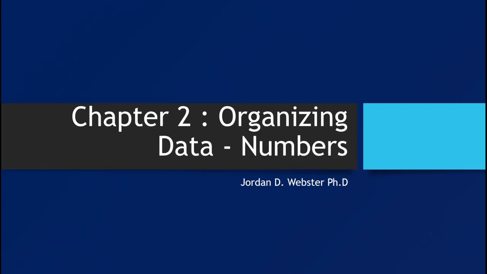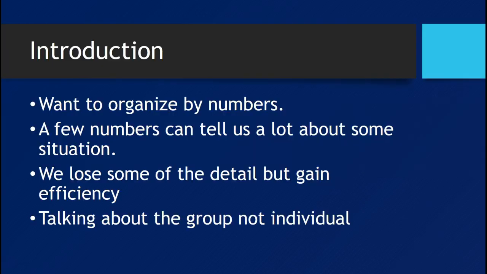The second part of chapter 2 is about organizing data, and organizing data specifically by numbers. What I mean by that is that we're going to use a few numbers to tell us a lot about some sort of a data set or some big group as a whole.